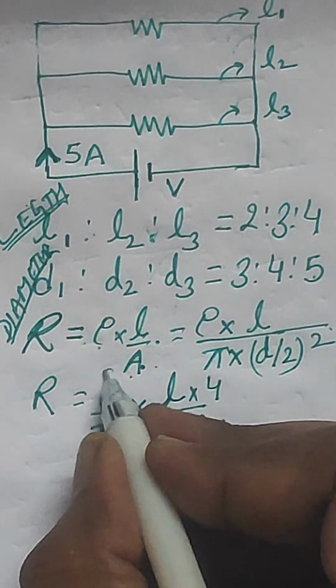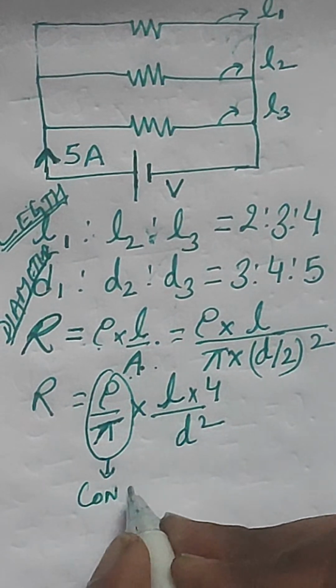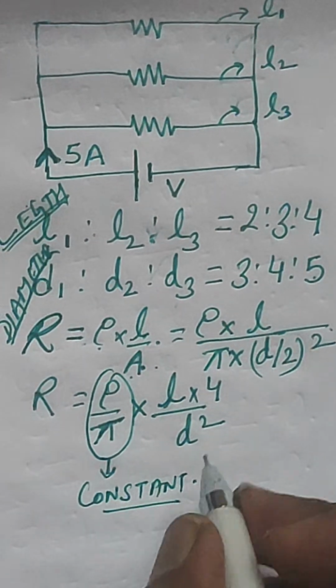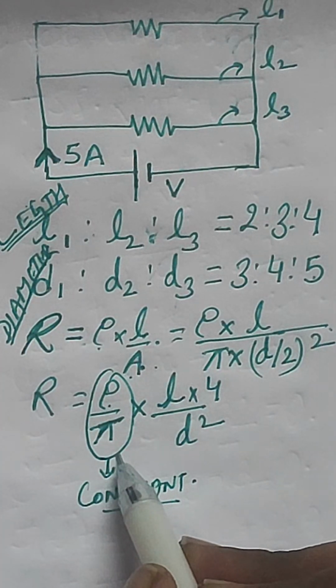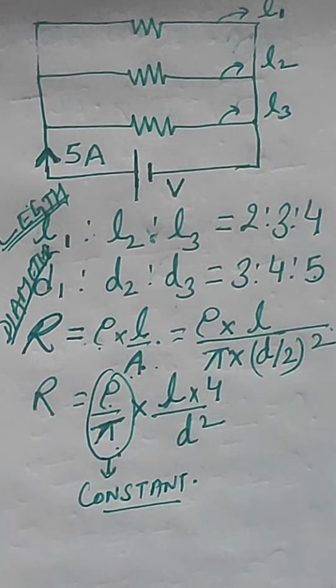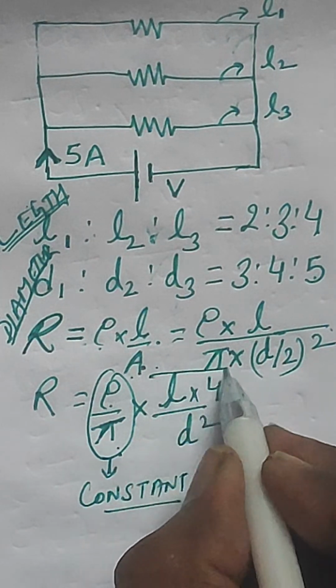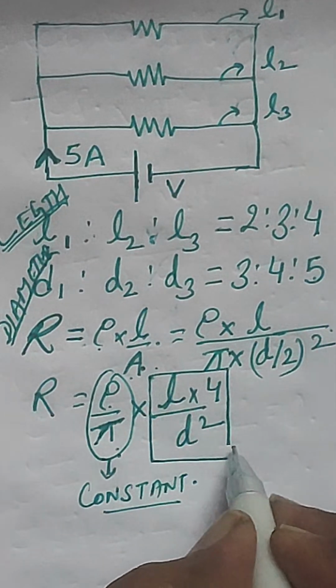So here you can see rho by pi is constant, because rho is the resistivity of the material and pi is 3.14 or 22 by 7. So resistance is directly proportional to 4 into L by d square.